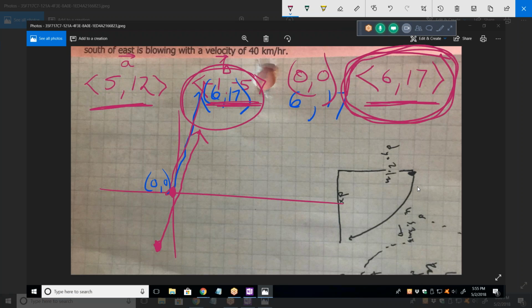And you do it by taking that and subtracting that, and then you take that and subtract that. That's how I got the 6, 17. I hope that's what they meant.